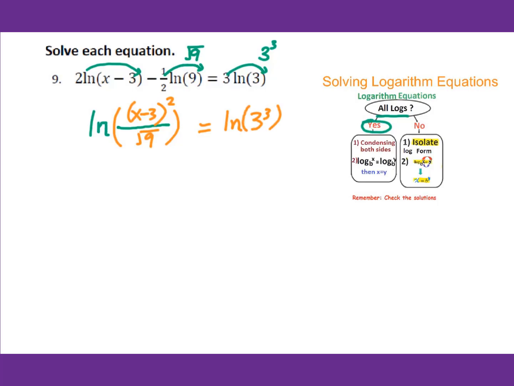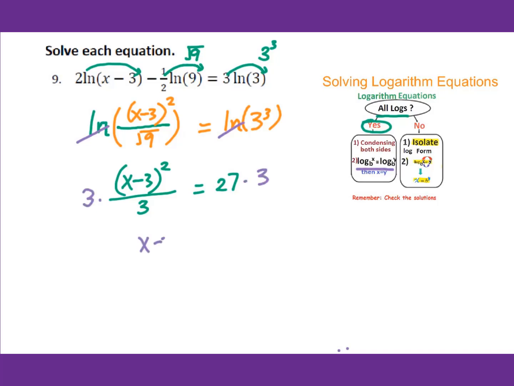After you change into this format, then cancel the log on both sides. You will get x minus 3 squared. The square root of 9 means 3, and 3 to the third power means 27. You could say this is a power equation. Therefore, you multiply by 3 on both sides.